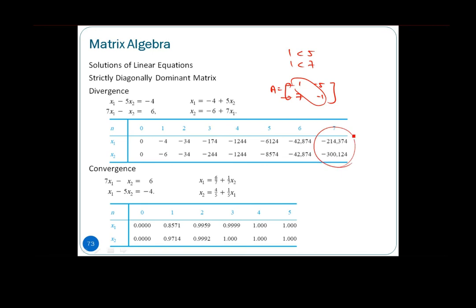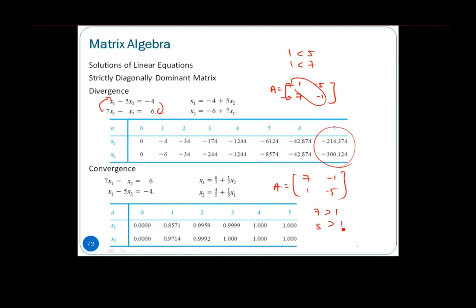But if you rearrange the equations, I will swap this to here, and this coming down to here. Then my A is now 7, -1, 1, -5. Here I have 7 larger than 1, and 5 larger than 1.